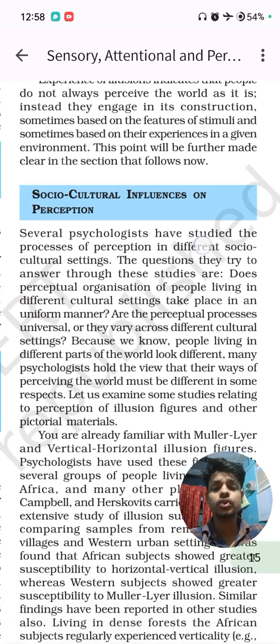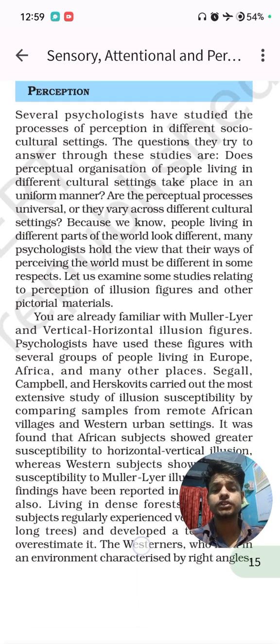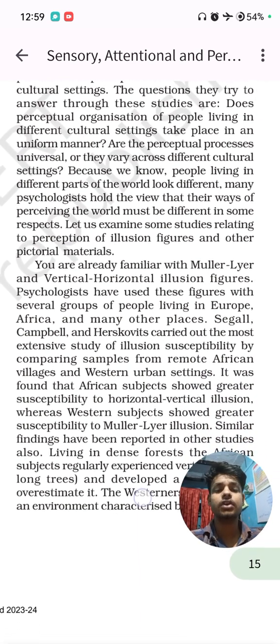Now, socio-cultural influence on perception. Several psychologists have studied the process of perception in different socio-cultural settings. The questions they tried to answer through these studies are: does perceptual organization of people living in different cultural settings take place in a uniform manner? Are the perceptual processes universal, or do they vary across different cultural settings?